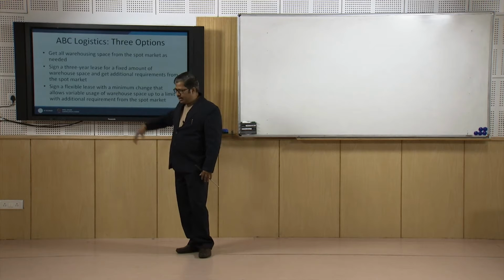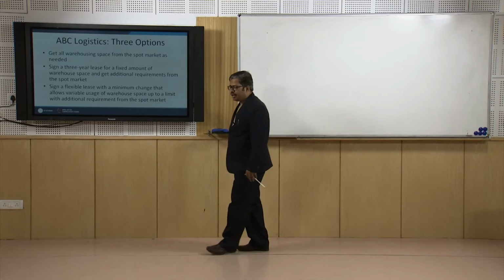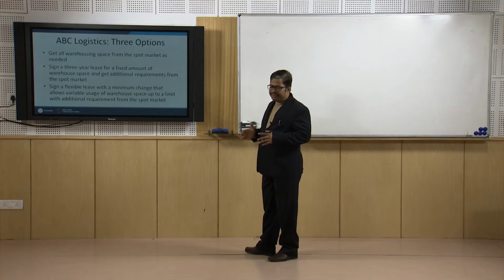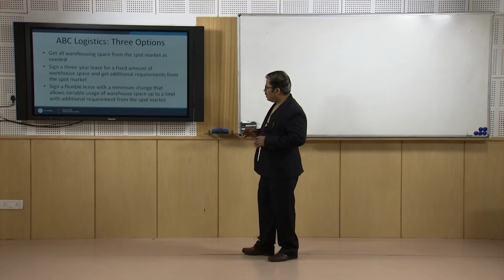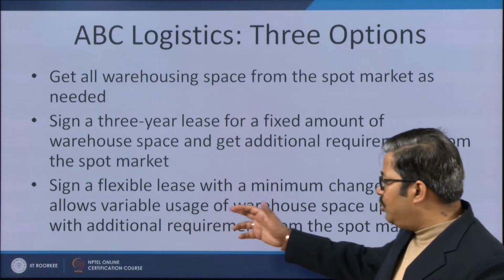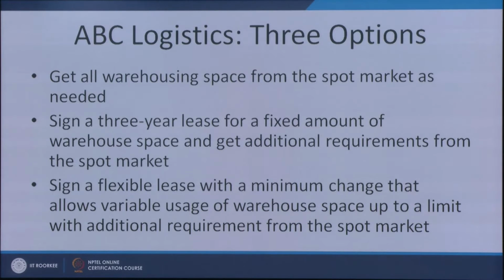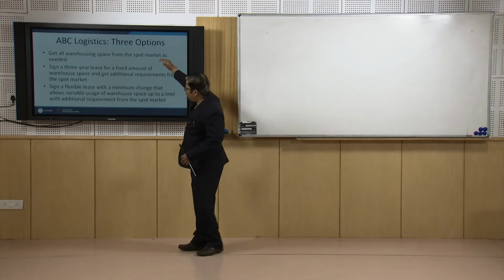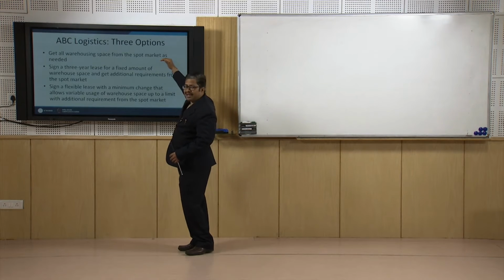And the third is to sign a flexible lease, where you have taken a minimum amount of fixed area, and then you have some kind of variable use of warehouse space up to a limit, and additional requirement from the spot market. So, this takes advantage of the spot market condition as well as the lease condition.